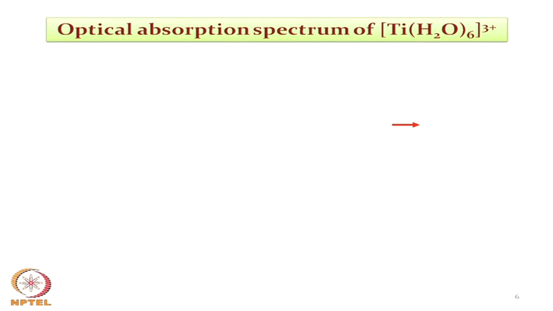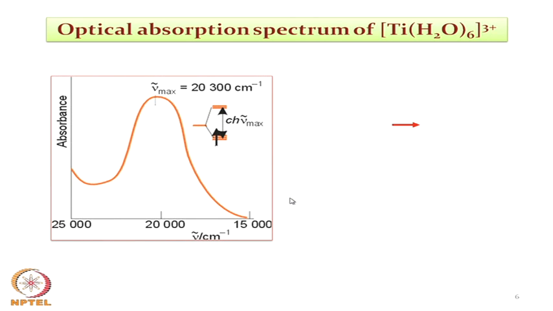So, if we have hexaaquo titanium 3 plus, which is the simplest possible species we can measure for its absorption, we fix this in terms of the lambda max values, but sometimes for comparison purposes we also report it on the centimeter inverse scale.